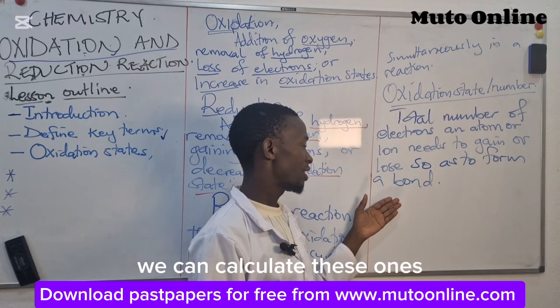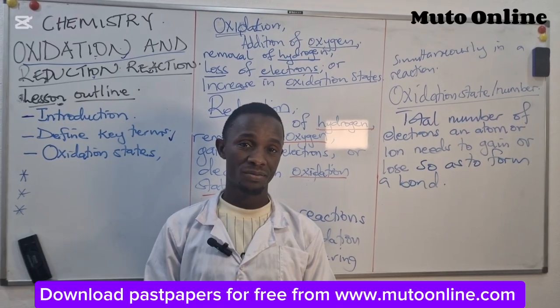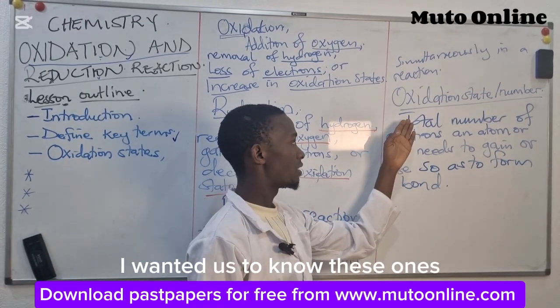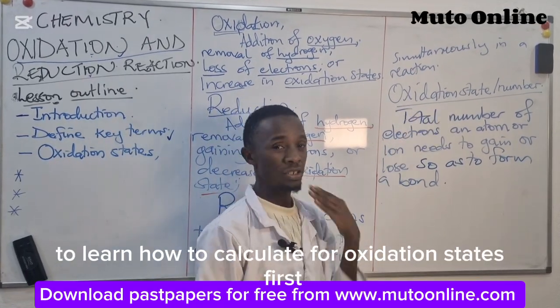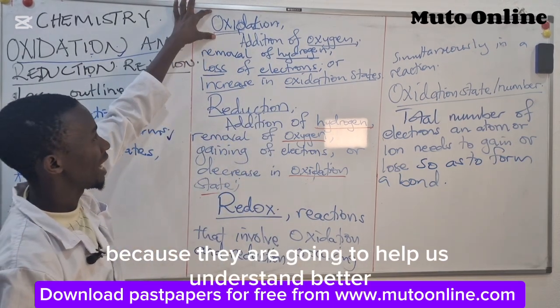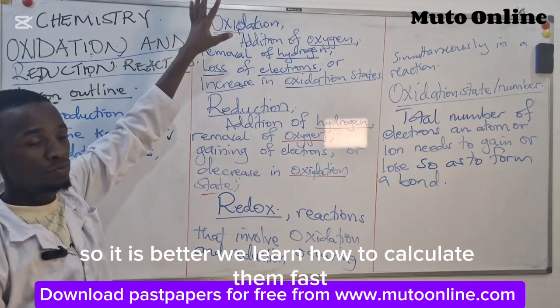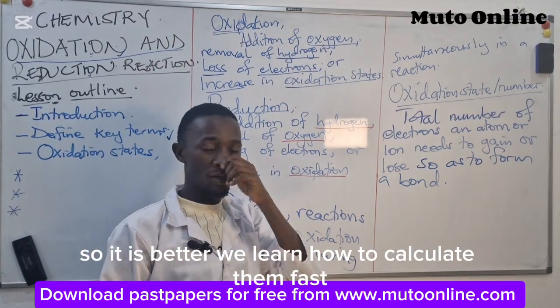We can calculate these, and there are principles we follow. I wanted us to first learn how to calculate the oxidation states, because they are going to help us understand these reactions better. So it's better we learn how to calculate them first.